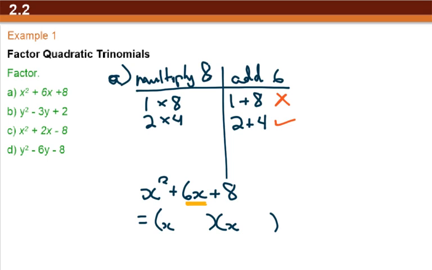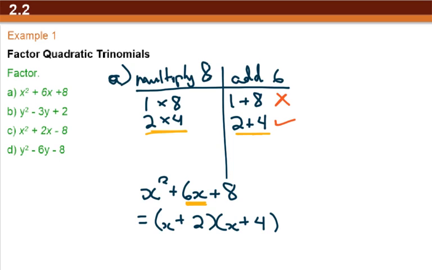What goes in the back of each bracket comes from our multiply and add step. We get a 2 and a 4. But we can't just put 2 and 4, we actually need to put a sign with. Because 2 and 4 are both positive, we'll put positive signs.